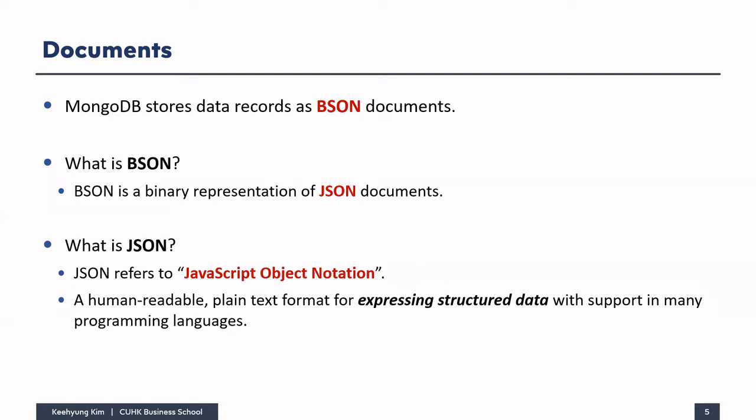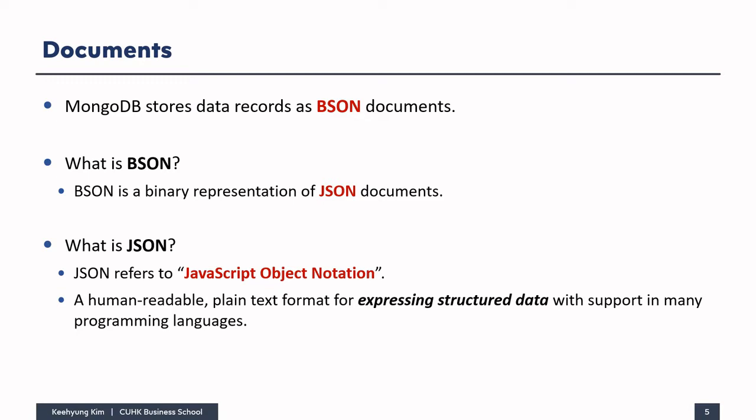If you are familiar with JavaScript, then probably you have heard about JSON. It is a human readable plain text format for expressing structured data, with support in many programming languages. So basically, it's one way of representing data in a human readable format.